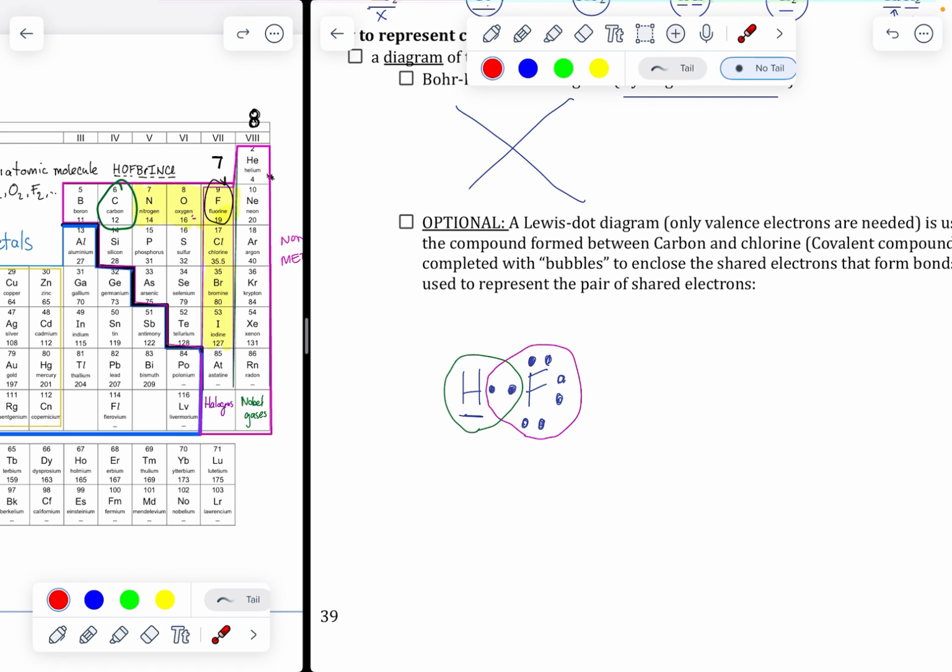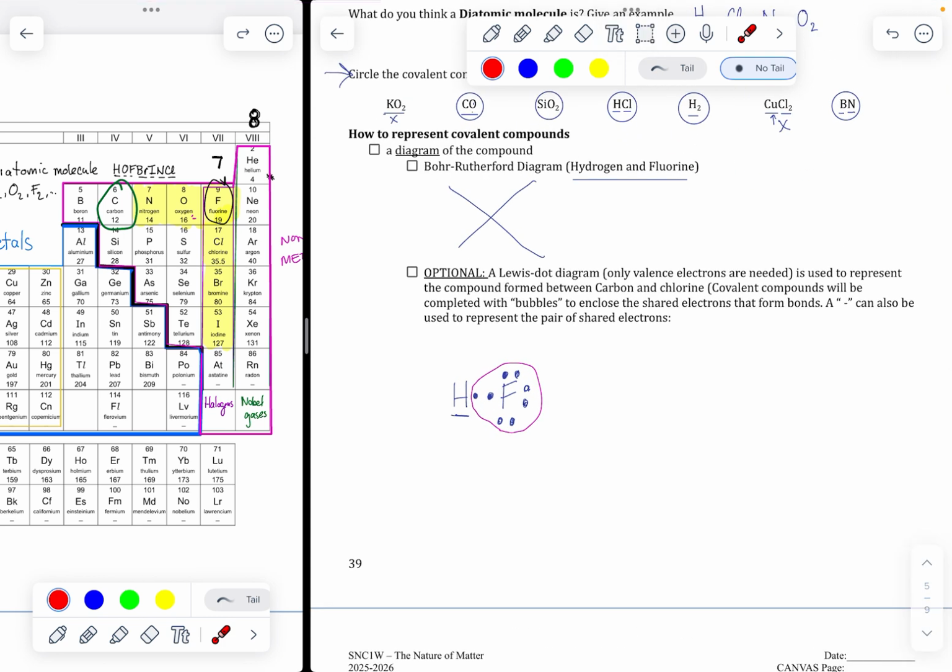So for hydrogen, in its green circle, it has 2, so it is satisfied. Its first energy level is its valence energy level, so it's full. And then in fluorine's circle, we see 1, 2, 3, 4, 5, 6, 7, 8. So fluorine has 8 in its valence energy level. It is satisfied. That is our covalent bond.